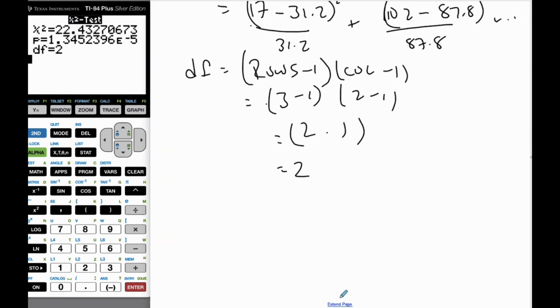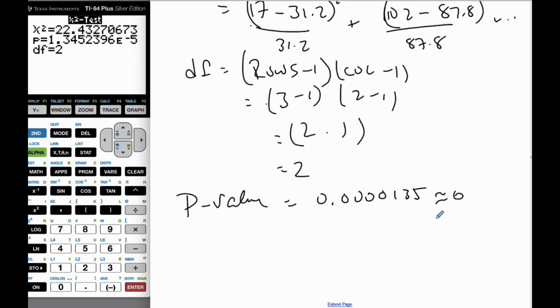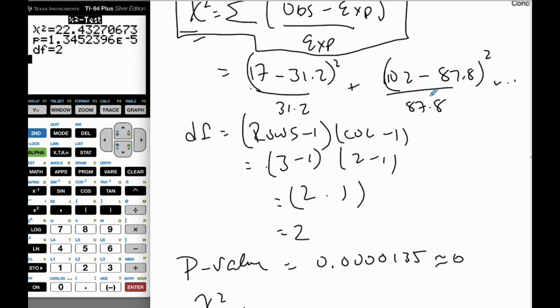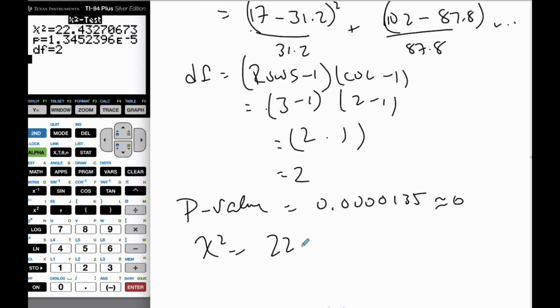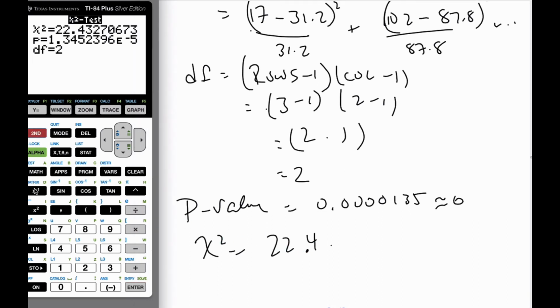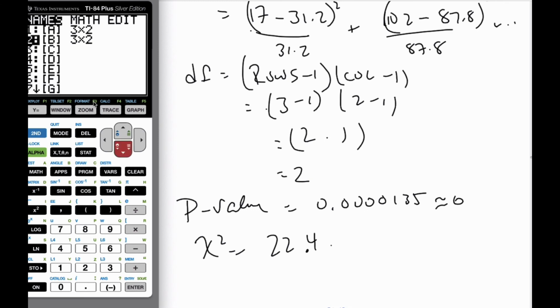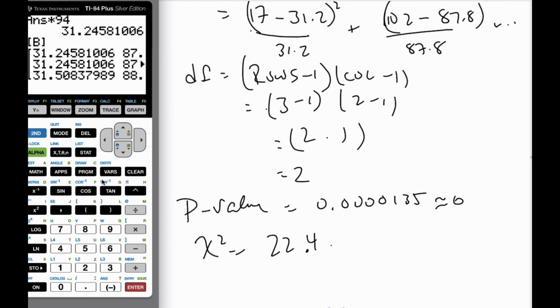I can say that my p-value is equal to 0.00001 35, so approximately 0. And my chi-squared value, if I would add up all these 6 cells, would end up being 22.4.